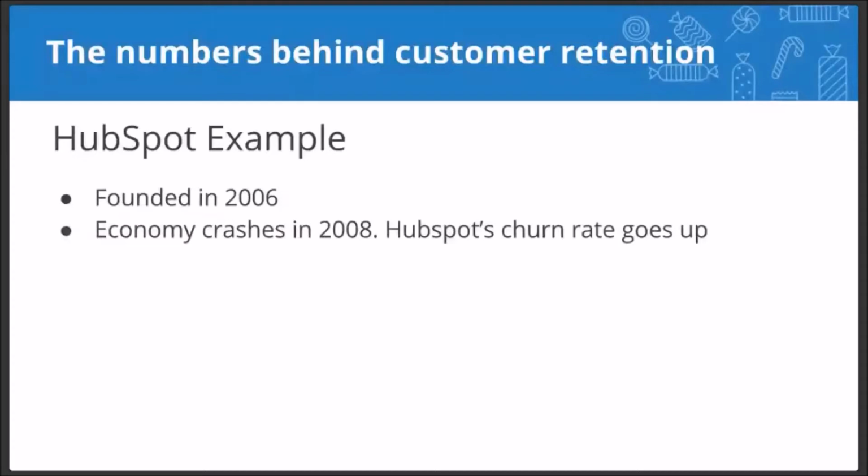For those of you who don't know HubSpot, it's a company that provides marketing and sales tools for digital marketers and for sales teams as well. They mostly work with medium-sized businesses, and the world's economy went pretty much bankrupt.